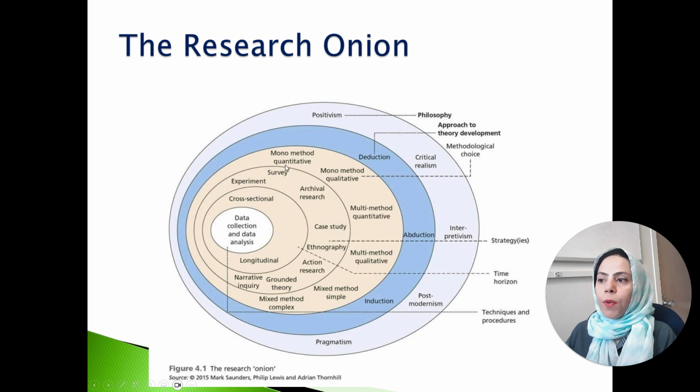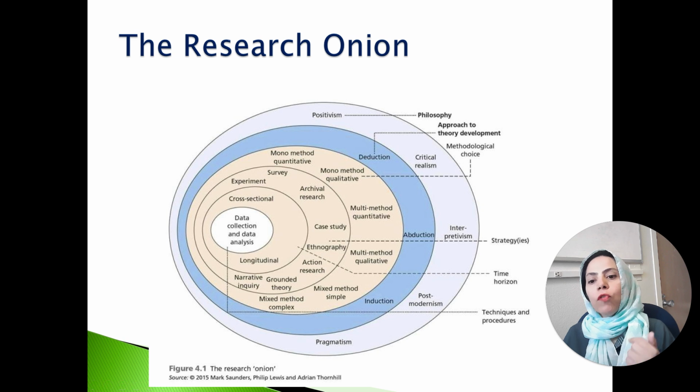So either your research design could be that you're only going to use one quantitative method, taken from the quantitative realm or quantitative approach. So you will use only one method and it will be quantitative in nature.